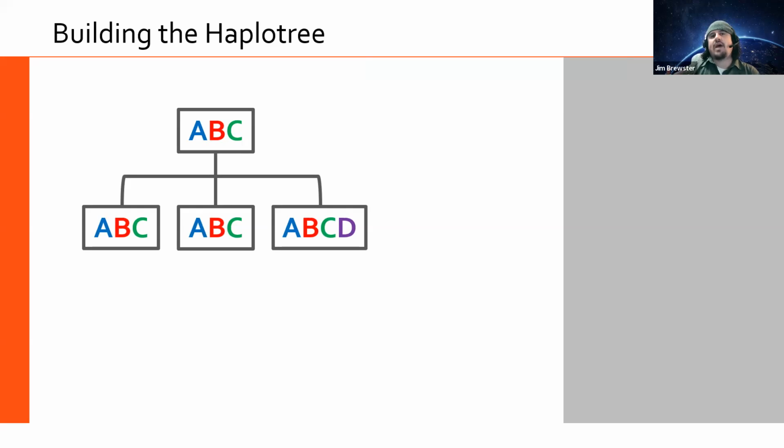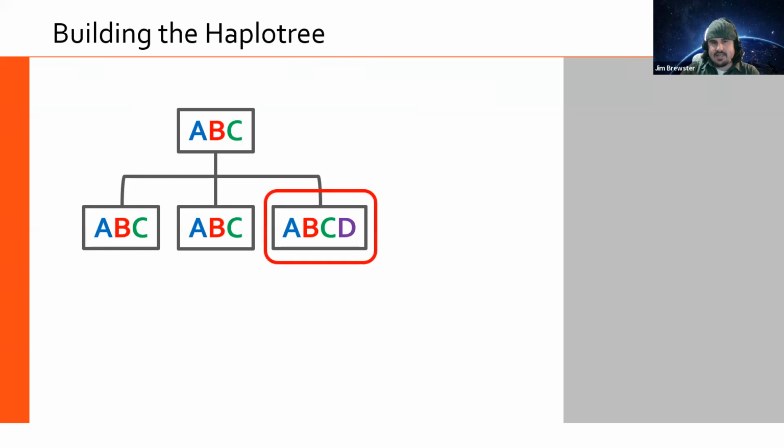And even if we don't have the parent there, we're able to tell based on the similarities that they have that D is older. Even if we had only the children of that, we could see that they all share A, B, and C in common, but only one of them has D. So that one's most likely going to be the older one.